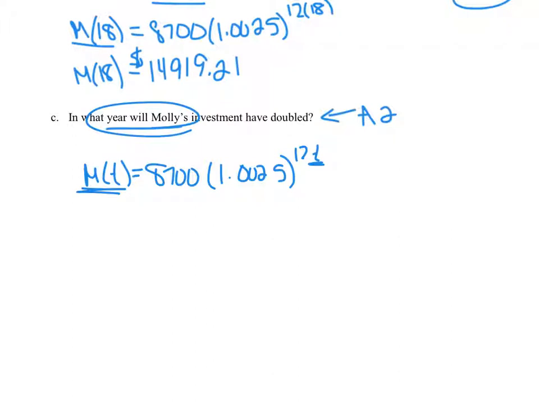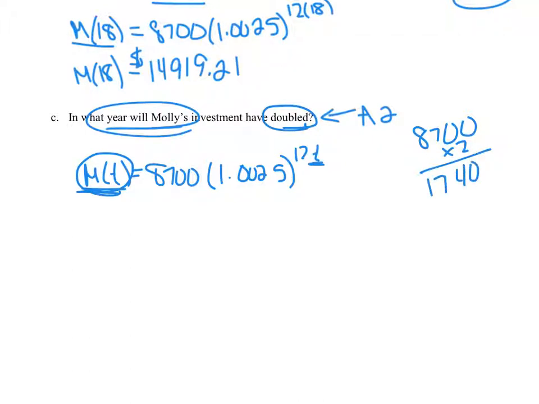They're asking, what year has the investment doubled? Well, it's money, so it's not time, so it's got to be M of t. So I have to replace this with how much it would be if her money doubled. She started with $8,700, so doubled is multiplying it by 2, so 17,400.